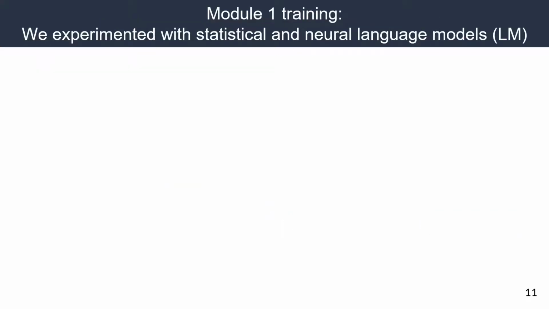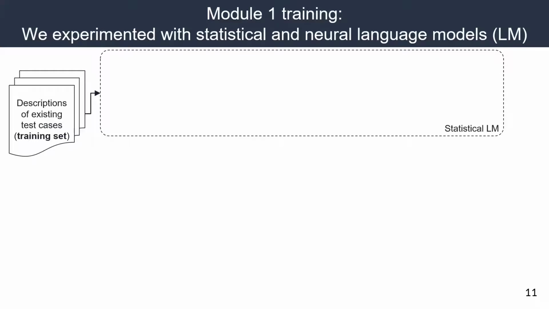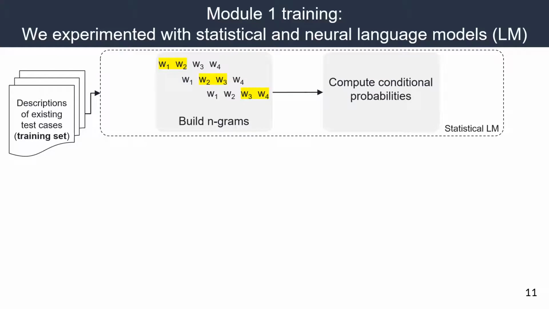For this module, we experimented with statistical and neural language models. For the statistical models, we started by first splitting the descriptions of existing test cases into training and testing sets, and we used the training set to build different types of n-grams, and we computed the conditional probabilities which are used for word prediction.